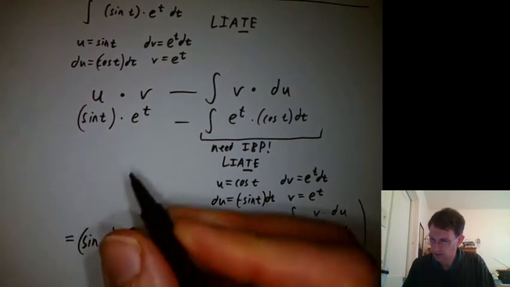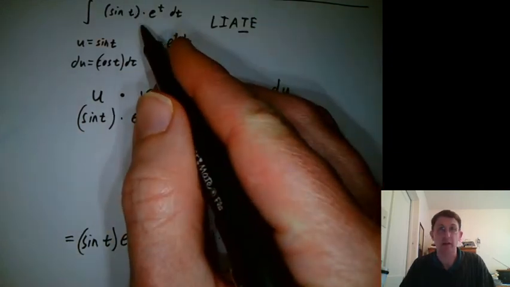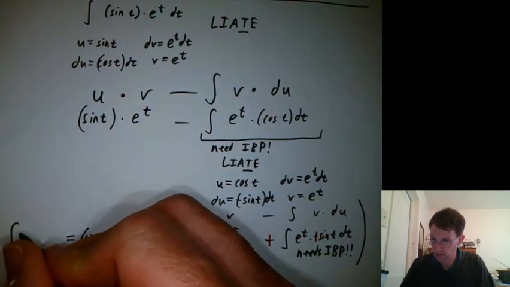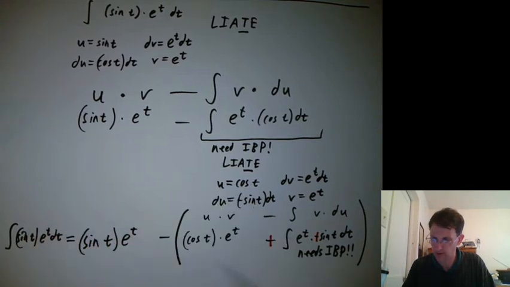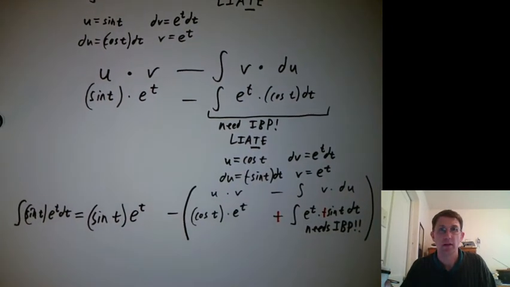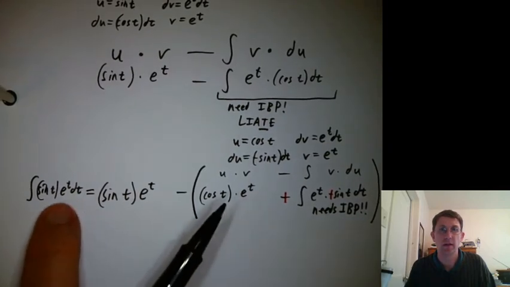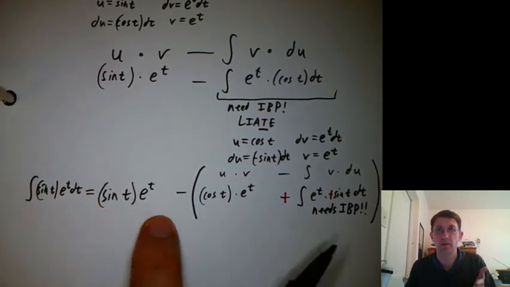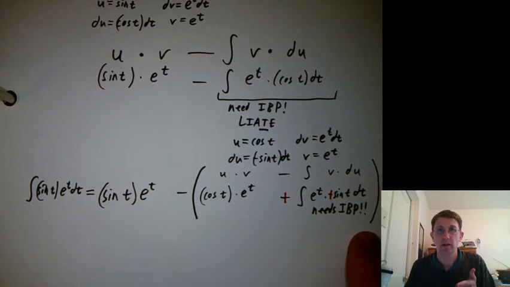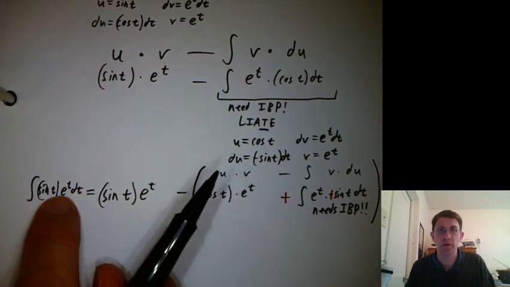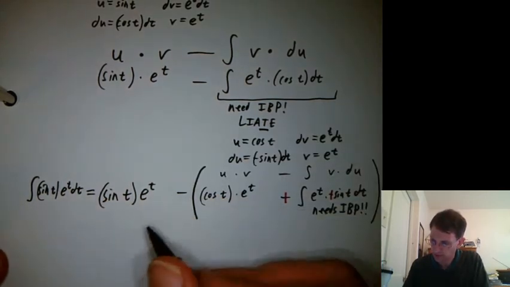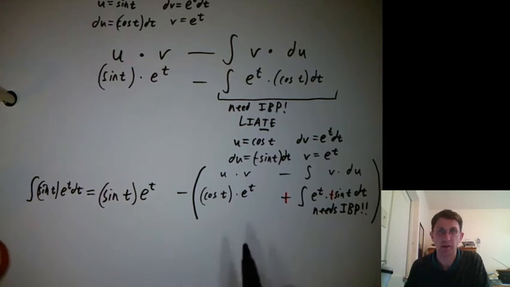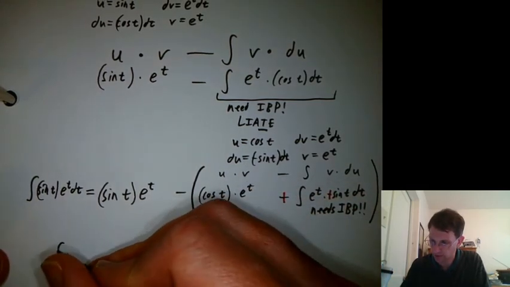Let's think back. This whole expression was equal to that, right? So we have integral sine t e to the t dt. And that integral, that's what we started with, is equal to all this stuff. What can we do? Well, we have the same thing here and there. Let's write it again and distribute this minus. It'll make it a little bit more obvious what's going on.